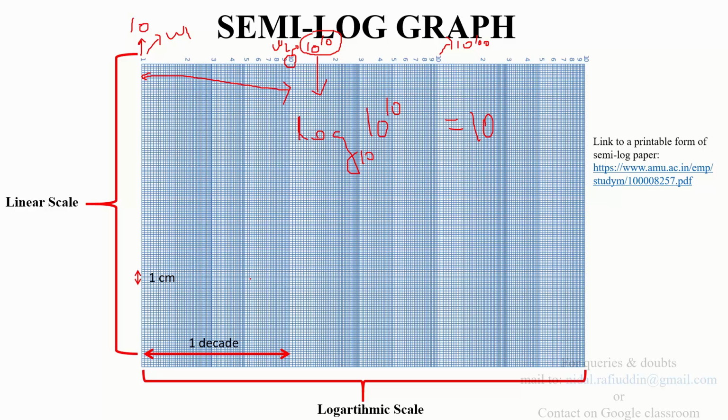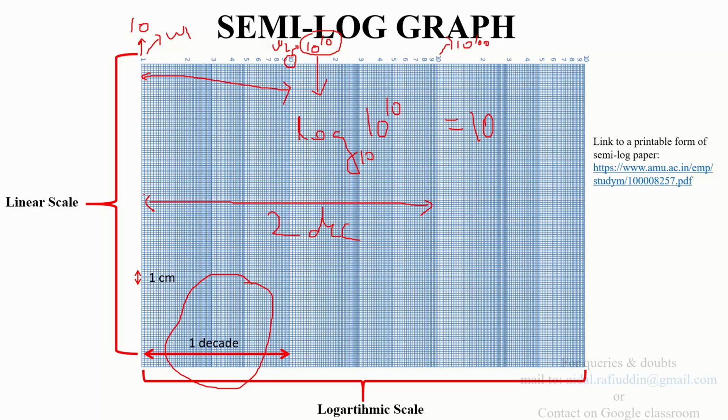Then we define a term called decade, which is nothing but the ratio of the frequency omega 2 to omega 1, and will be equal to 10. So this gap from omega 1 to omega 2 is 1 decade, and from this point to this point you have 2 decades.